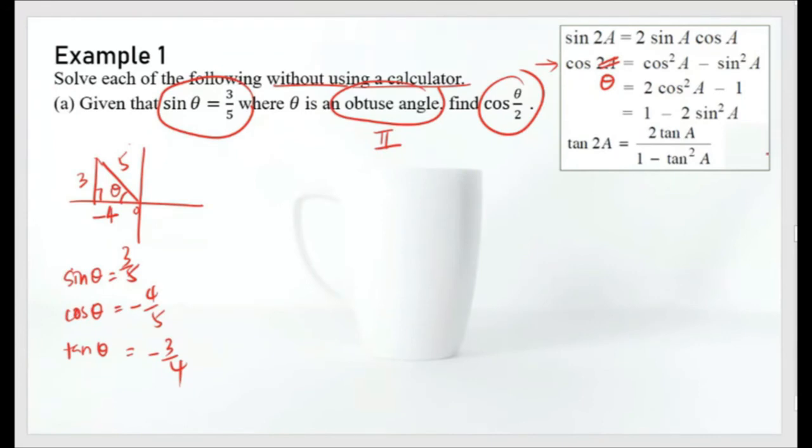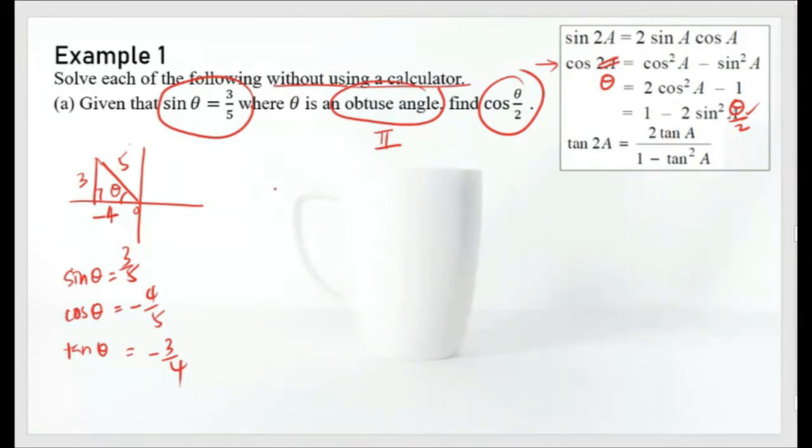You can use any, it's up to you. But the easier one for me is this one: cos theta equals 2 cos square theta over 2 minus 1. We use the third one.